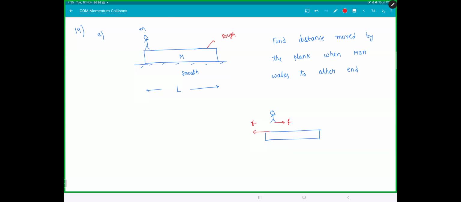Give it a try. Take a minute, think about it. Then I'll show you one more model on this. I'll give you a general process how to do this, but you first give it a try for a minute.